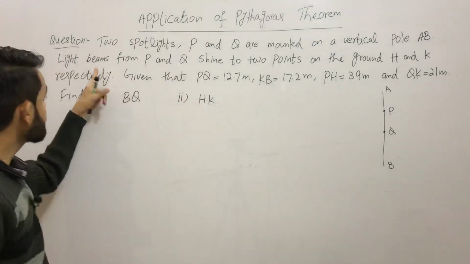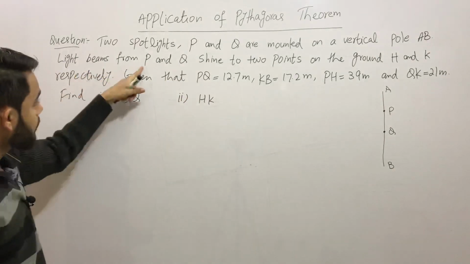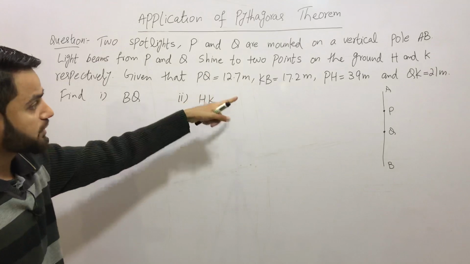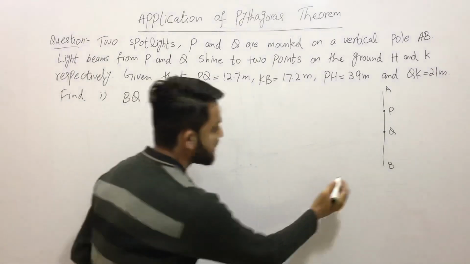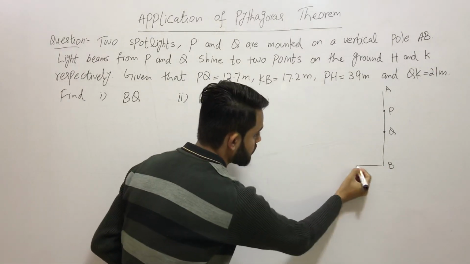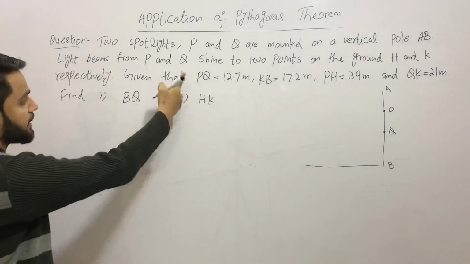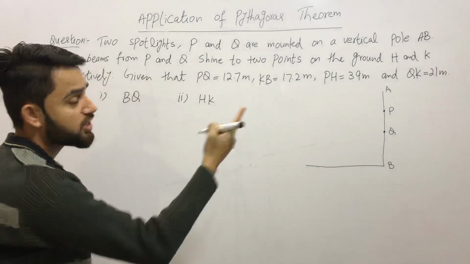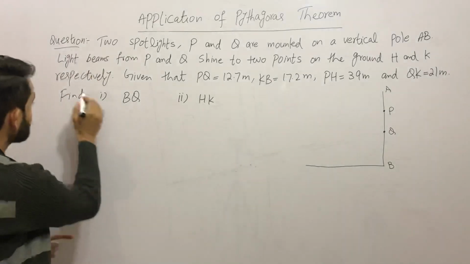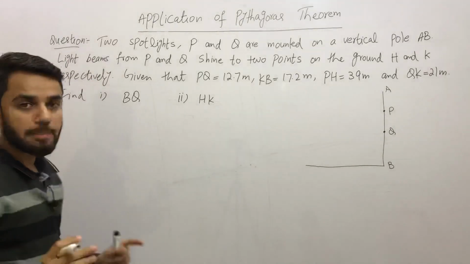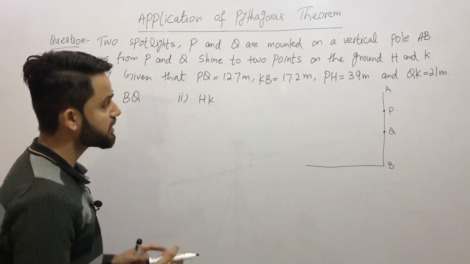Then it says light beams from P and Q shine to 2 points on the ground, H and K. Obviously that's basically your ground. And it says P and Q shine to 2 points on the ground H and K respectively. The word respectively is very important. What does it describe?